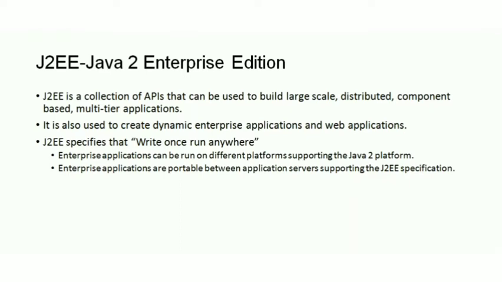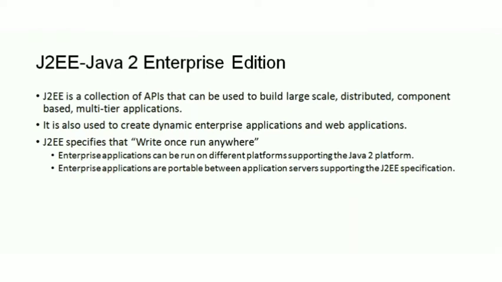In terms of enterprise applications, it can be run on different platforms supporting the Java 2 platform. And enterprise applications are portable between application servers supporting the J2EE specification. So when you define platform independence in J2EE, there are different servers available, and you can work with different servers with your Java application.